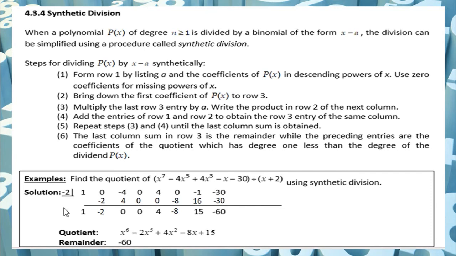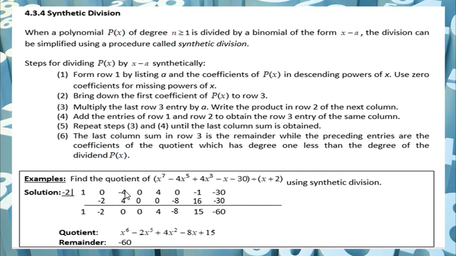So, now that we have listed the numerical coefficients, we multiply here. First, bring down the first one. Then, next we multiply, negative 2 times 1, that is negative 2. So, 0 minus 2, that is negative 2. Multiply this negative 2, that is positive 4.